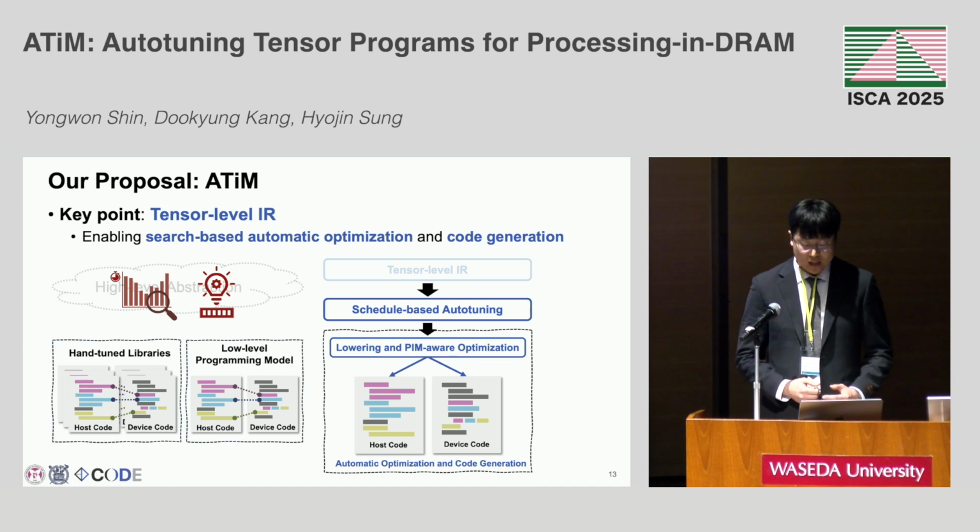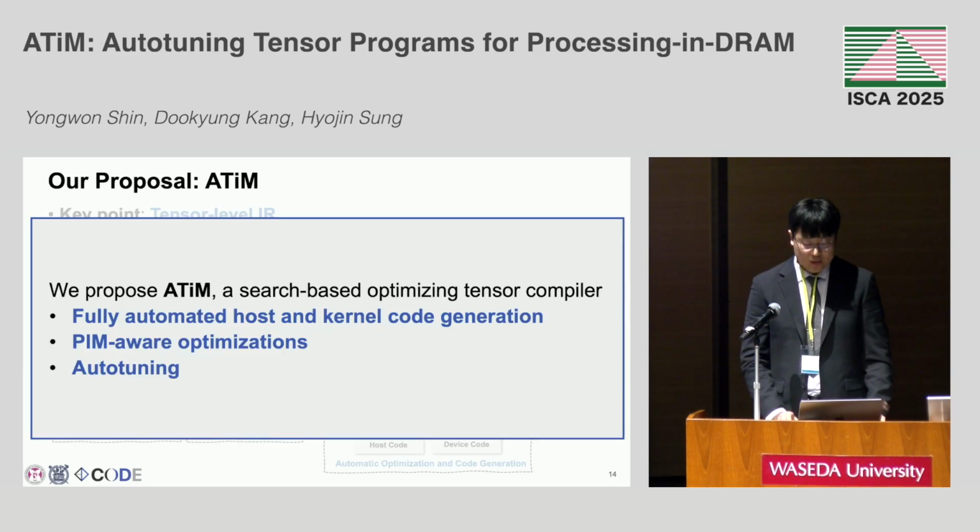Second, tensor-level IR enables automatic code generation for both host code and kernel code. It also allows us to apply optimizations specific to PIM hardware traits while preserving high-level semantics needed to ensure correctness and safety. To this end, we propose ATiM, a search-based optimizing tensor compiler. ATiM supports fully automated code generation, PIM-aware optimization, and auto-tuning.